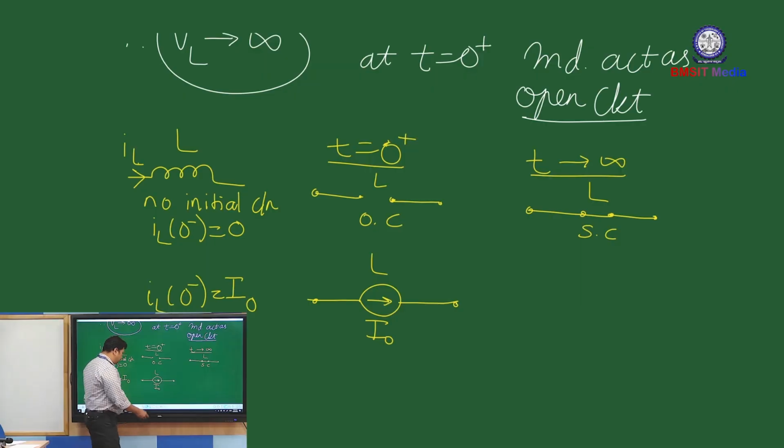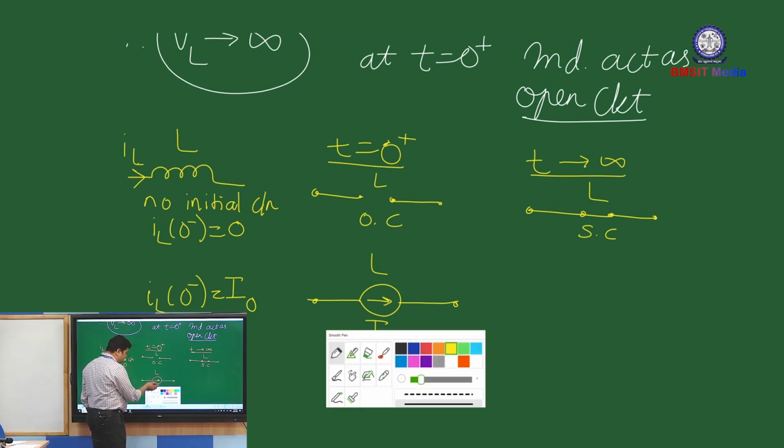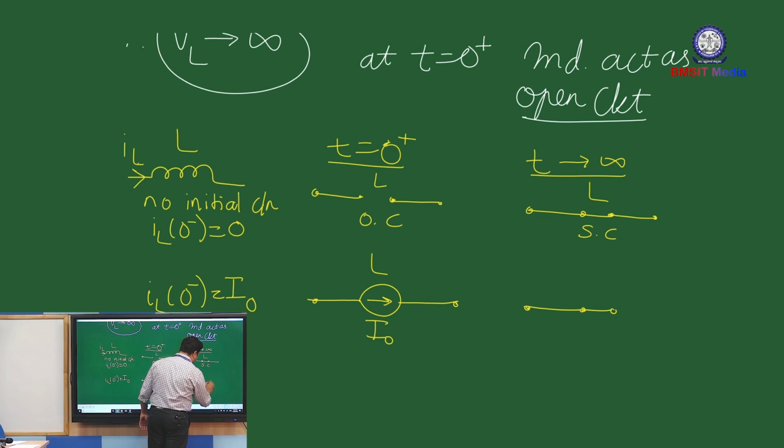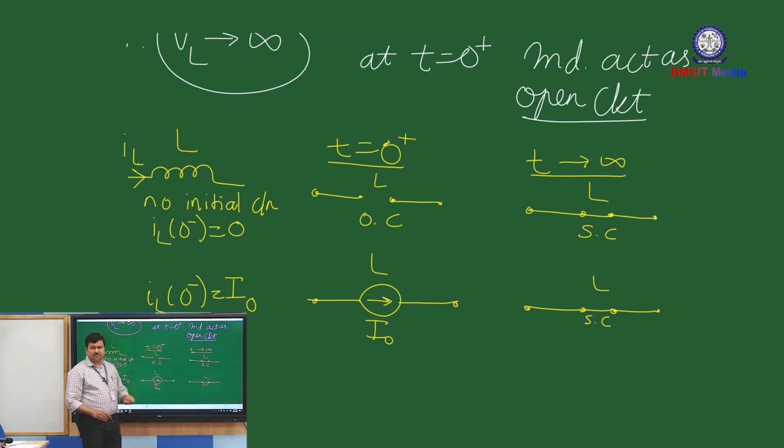Now during steady state condition, if there is initial current I naught, I know the inductor behaves as a short circuit. That will not change. Whether there is initial current or not, the behavior of the inductor will not change. The inductor is still behaving as a short circuit. But what about this I naught? This I naught still exists.